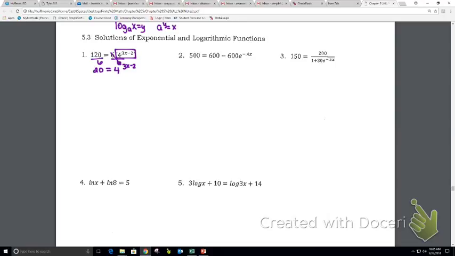You mean the other way around? Well, yeah, or vice versa. Okay, sorry. Yeah, or vice versa. So my a is 4. My y is your 3x minus 2, and my x is 20. So log base a of x equals y.